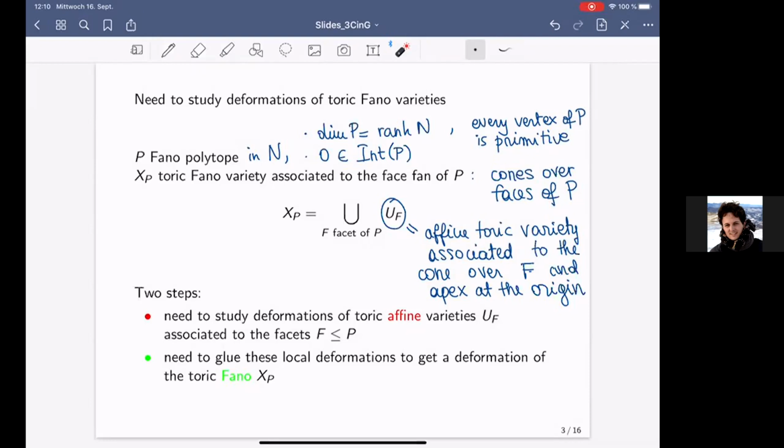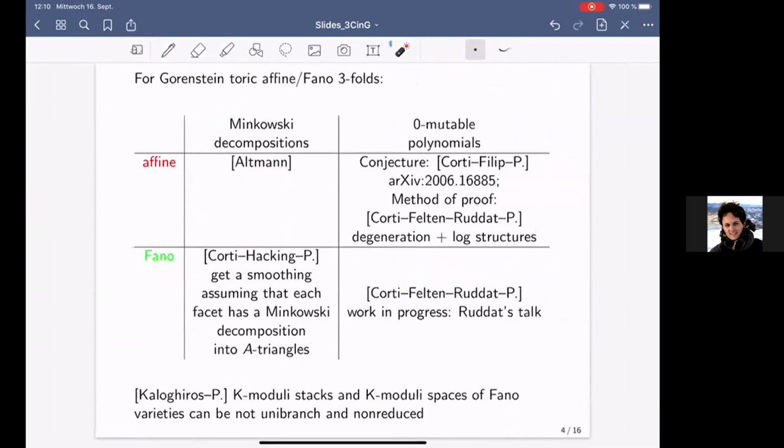Okay, I assume no. And here I just want to write a diagram which summarizes the situation for these kind of things. So I will stick to the case of Gorenstein toric affine or Fano threefolds.